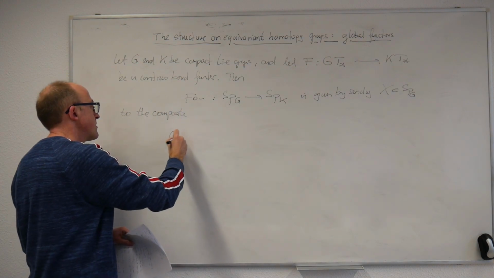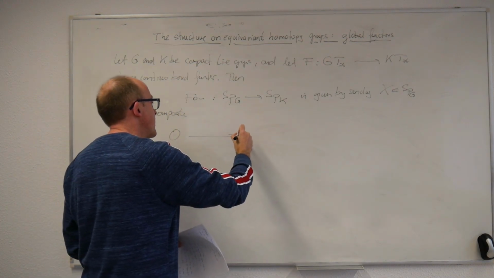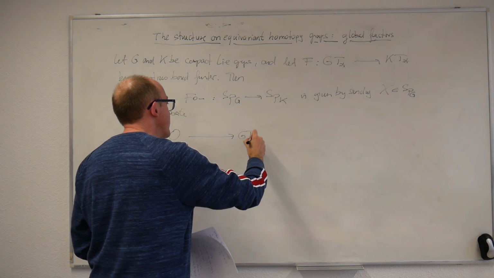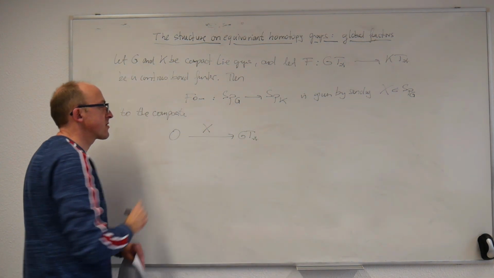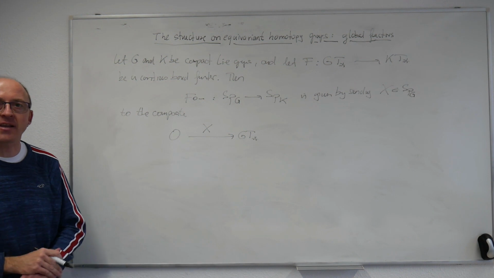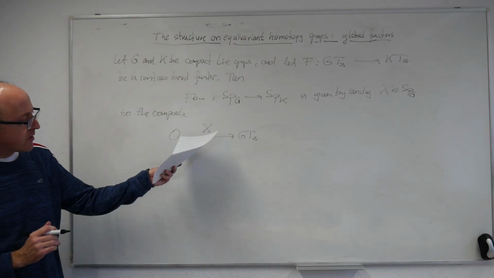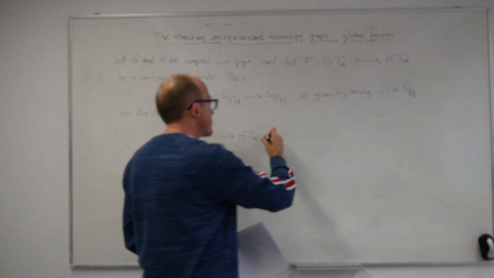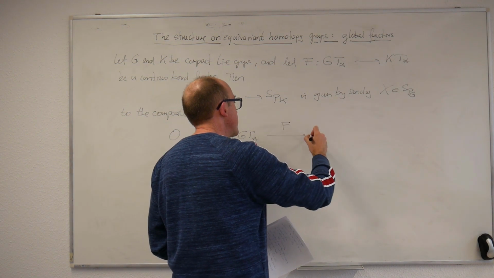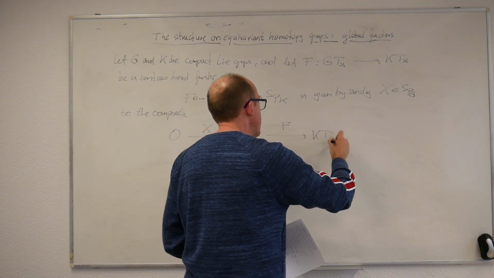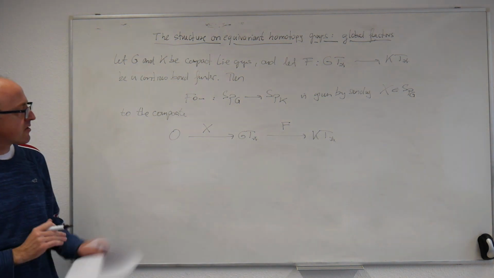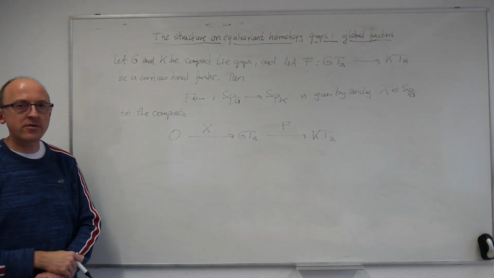So here it comes out quite handy that I had defined an orthogonal G-spectrum simply as a continuous based functor from this indexing category O to the category of based G-spaces. So here's another continuous functor, I can just compose them. I get a continuous based functor from O to K spaces, so that's an orthogonal K spectrum.